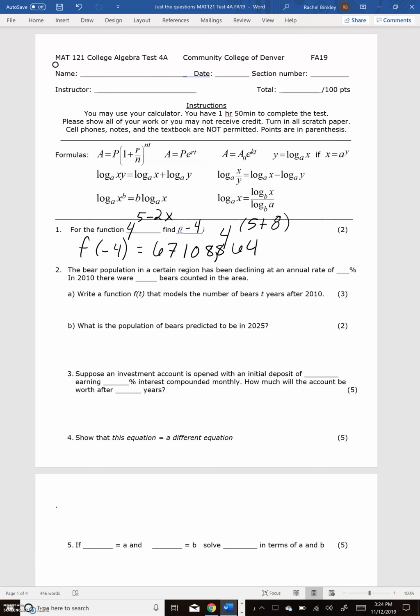So if I go back in and put in my commas, I can see that I have 67,108,864 is the answer here. On the test it'll be a pretty big number too, actually, but it's easy enough to put into your calculator.